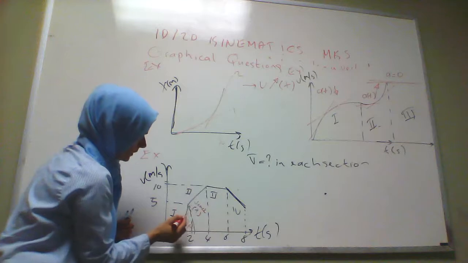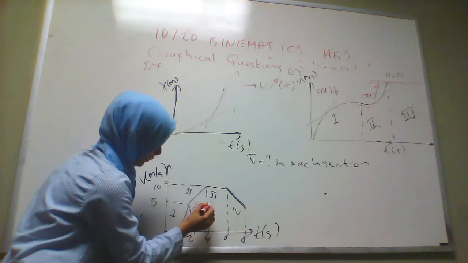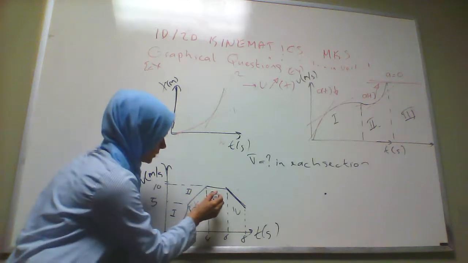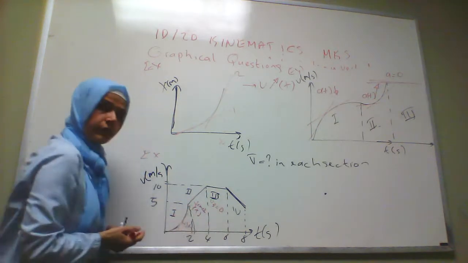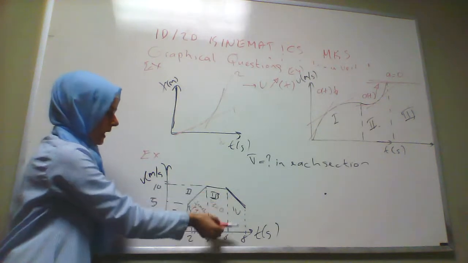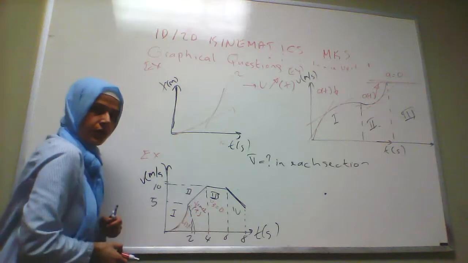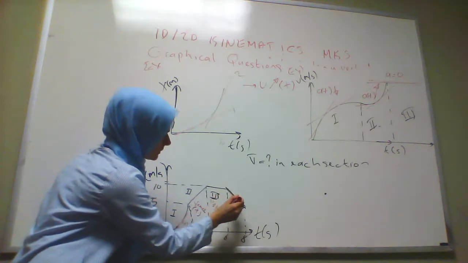Here, velocity is 0. Let me call this V2 again. V3, it should be 3, using 3. V3 will be 0. We don't even have to calculate because if I look at the slope, it's parallel to the horizontal axis. No calculations will be needed there. And V4 is constant.